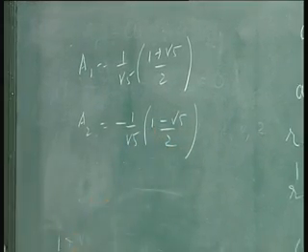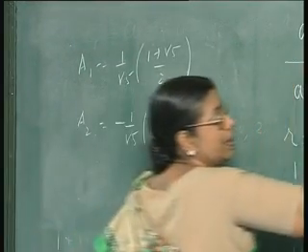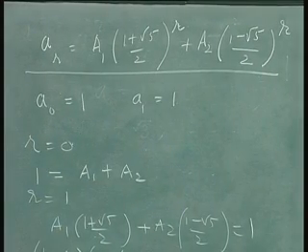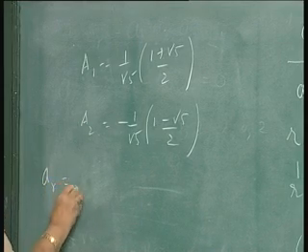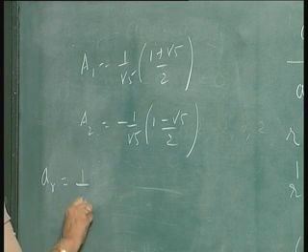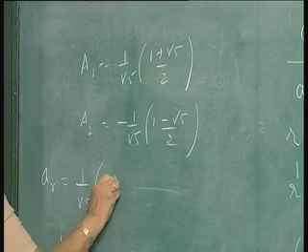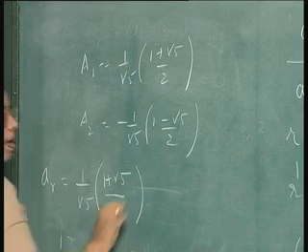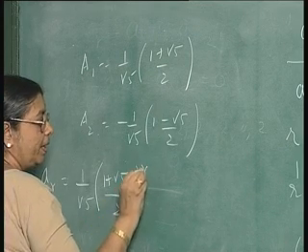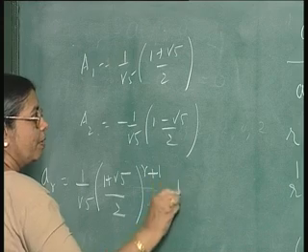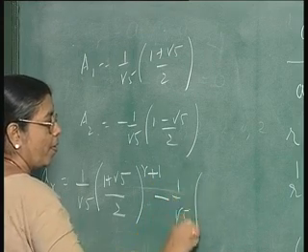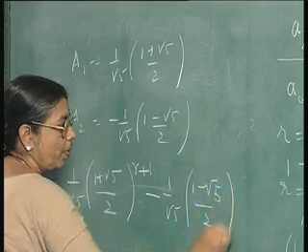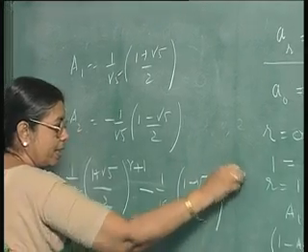Using this in this equation, the homogeneous solution becomes a_r = (1/root 5)((1 + root 5)/2)^(r+1) - (1/root 5)((1 - root 5)/2)^(r+1).